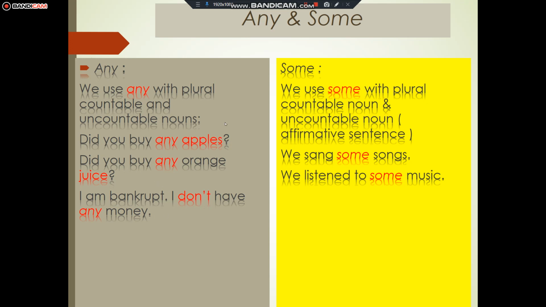This is a question: Did you buy any apples? Did you buy any orange juice? But some, we use some with a plural countable noun and an uncountable noun, with an affirmative sentence, with a positive sentence. For example, we sang some songs or we listened to some music.